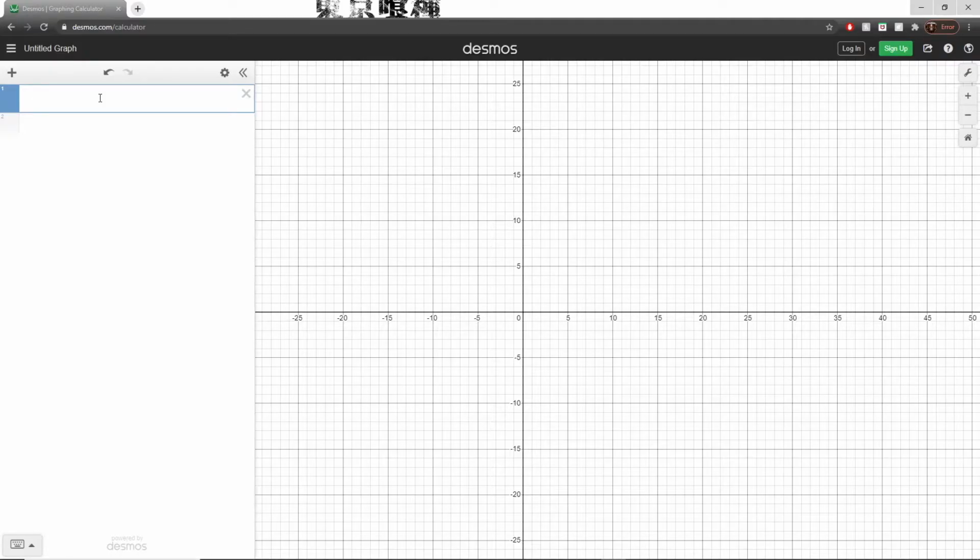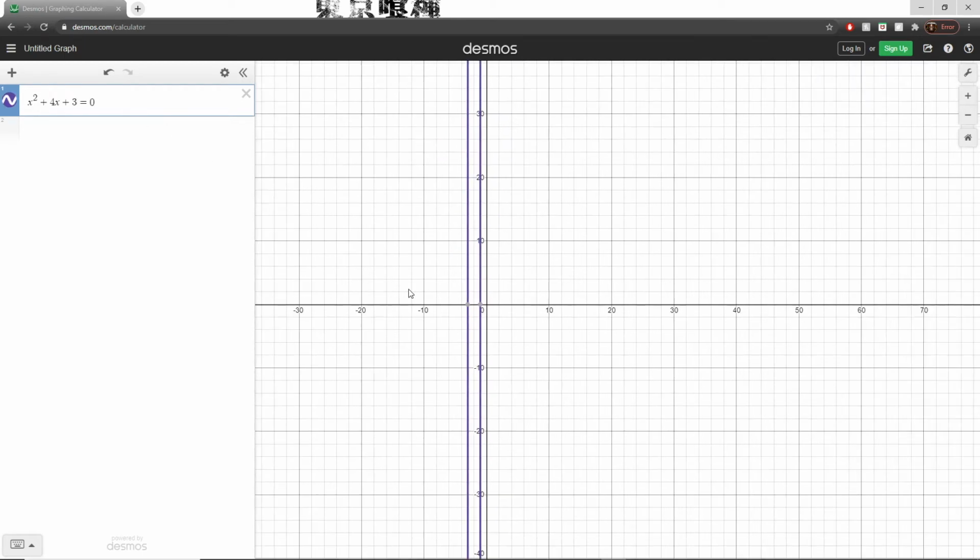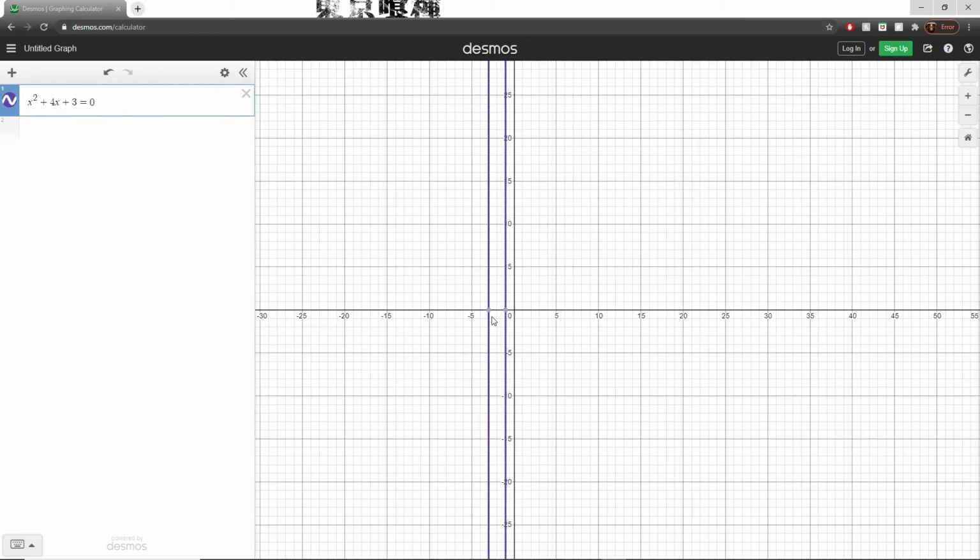Okay, the next problem here at D. We're going to again write the problem. x squared plus 4x plus 3 equals 0. Okay, find where it crosses the x-axis, which remember on Desmos, they're the gray points.